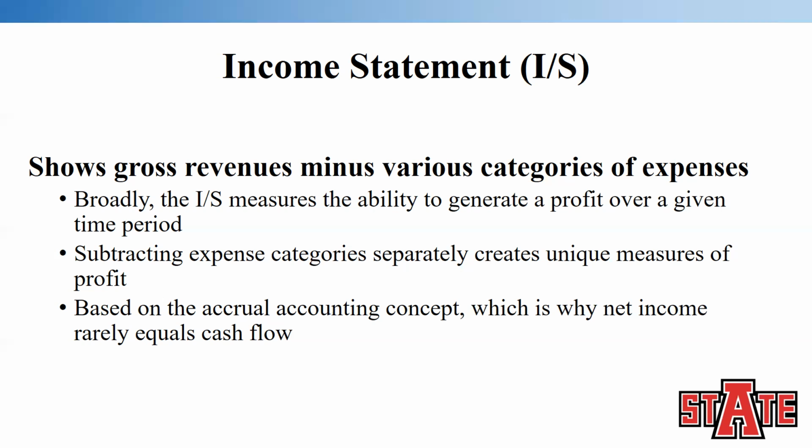Okay, so first statement, the income statement is very important. We have to recognize that the income statement will show gross revenues minus various categories of expenses. And there's a reason for all these different categories of expenses. More on that coming up. So broadly, the income statement measures the ability to generate a profit over a given time period. How successful were we at creating revenues and then keeping as much of those revenues as possible intact?